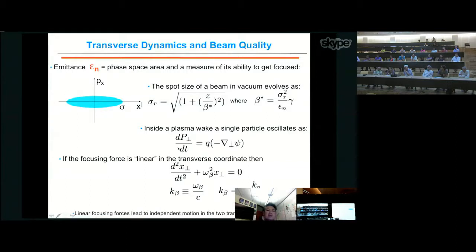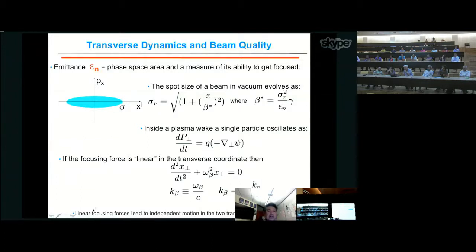So if the focusing force is linear, I don't mean linear as in small, I mean it's proportional to the distance you are away from the axis, then in a particular transverse plane, it obeys a simple harmonic oscillator equation, which says that no matter what your radius is, these particles are going to rotate around together at the same frequency, and the beam will rotate together if the focusing force is linear.